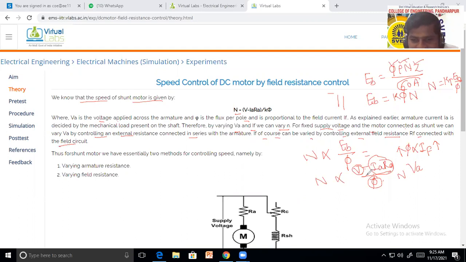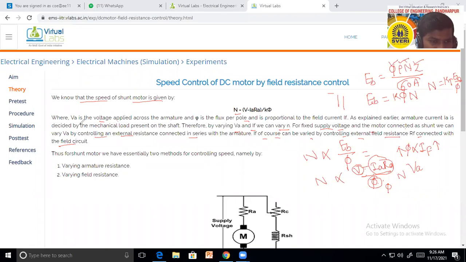Similarly, the speed can be varied by controlling the flux φ, that is, by inserting a resistance in series with the field circuit. So what we are seeing here is the field control technique.